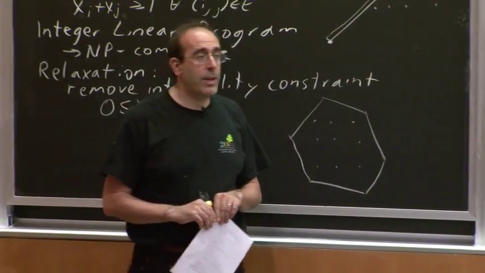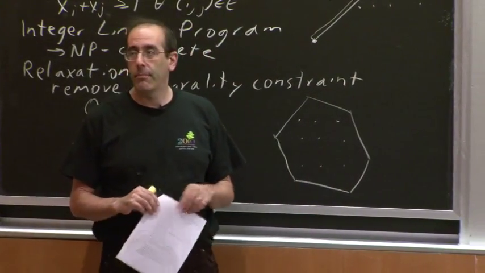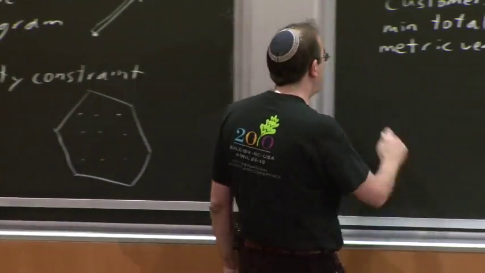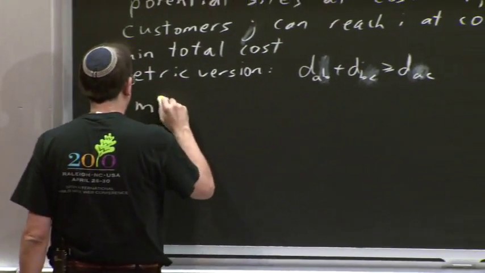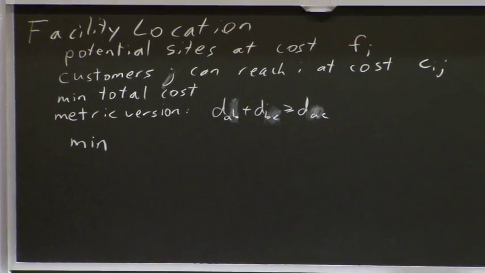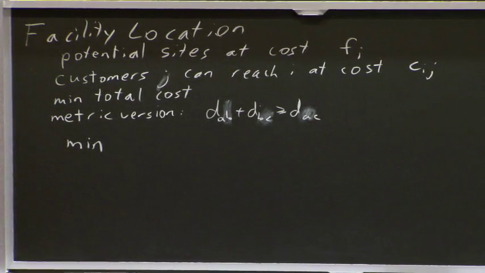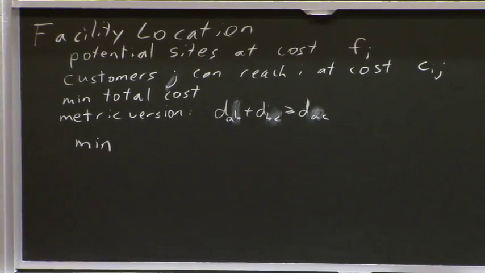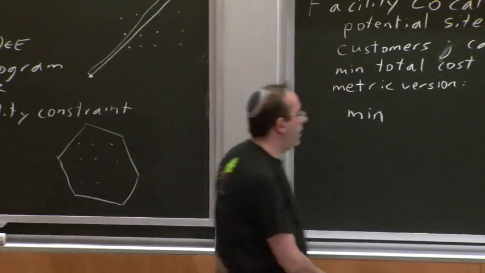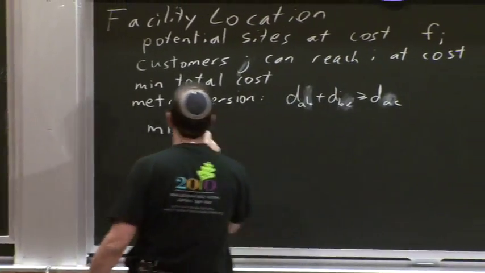So let's write down an integer linear program. Let's start with the objective function. What's the cost of a particular solution? Well, actually, before the objective function, let's write down some variables.